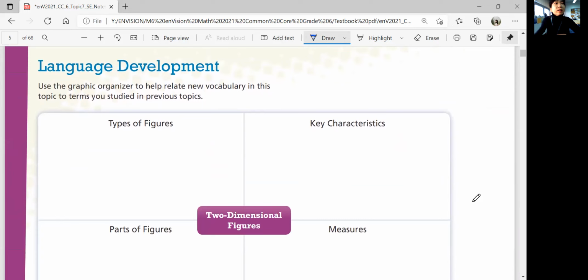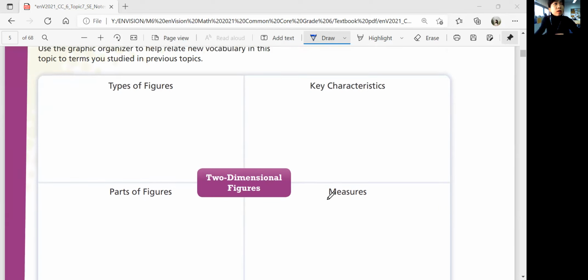So let's look at the next page now, language development. Let's see if we can explore some vocabulary words here. Two-dimensional figures. What are two-dimensional figures? Okay, what are the two-dimensional figures that you know? What are some types of two-dimensional figures? You have rectangle.